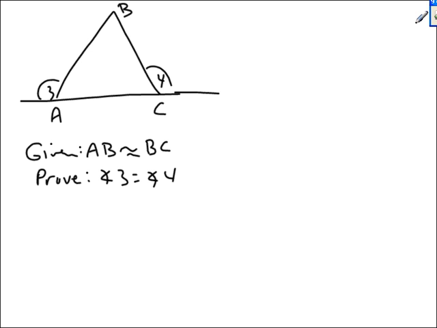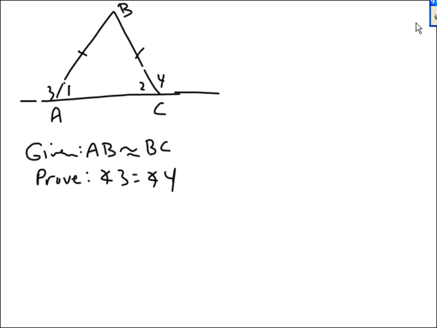So maybe the first thing I should do is get rid of those slashes because they look equal. Oops, let's put the marker down first. Alright. So we're given that AB and BC are equal. That immediately tells me that angle 1 and angle 2 are equal, because opposite angles are going to be equal.